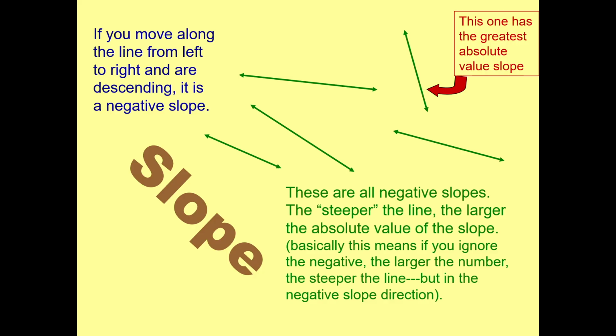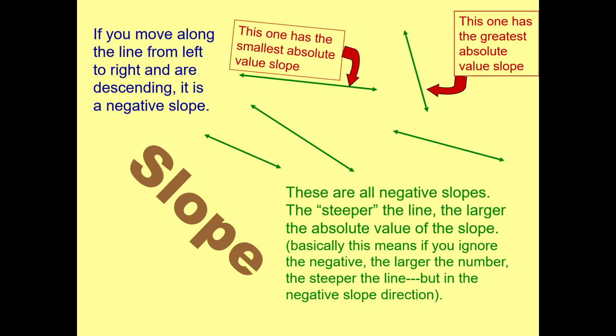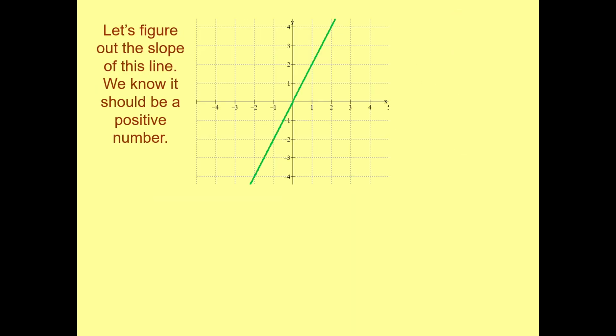Look at the line there. You look at the slope of the line, and you see that it's increasing from left to right, so you know it should be a positive number. Points on the line.